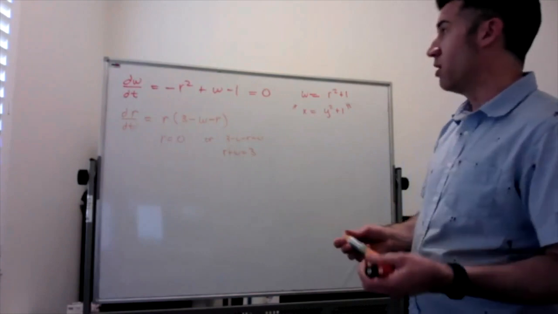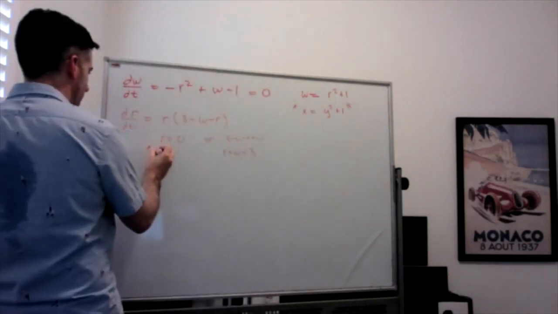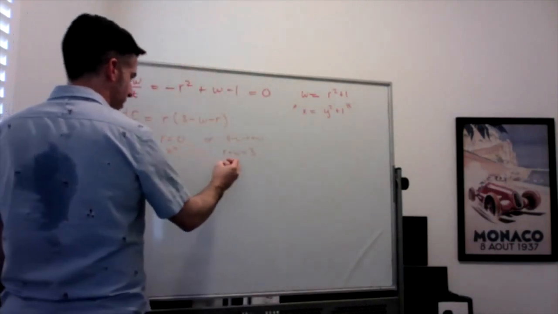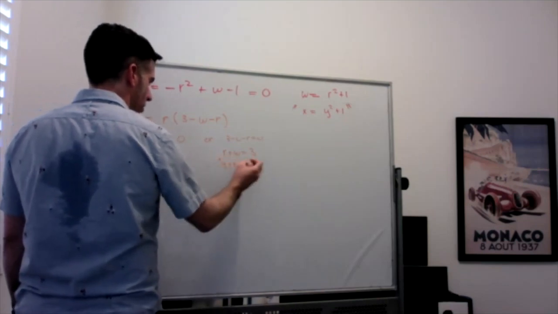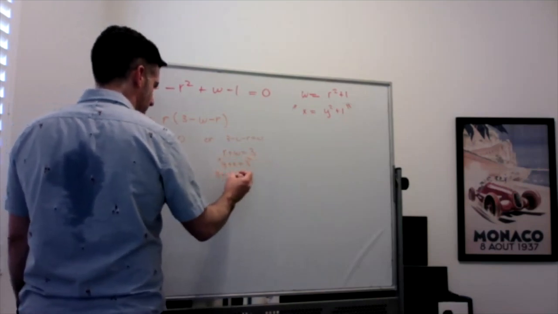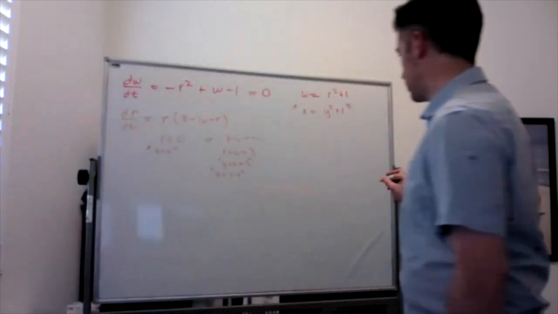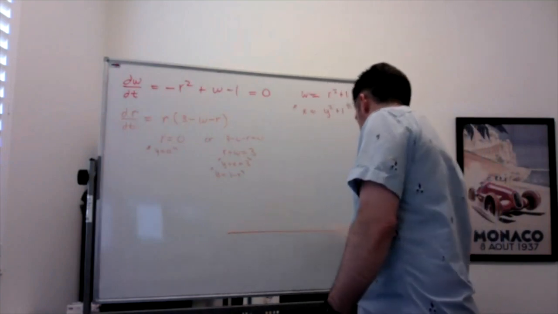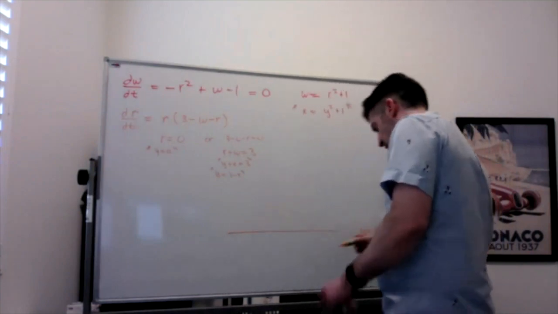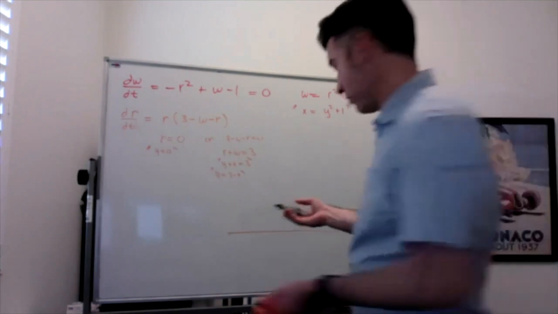So let's see. Again, r is my y, w is my x. So this is like y equal to 0. This is like y plus x equals 3, or y equals 3 minus x. Okay. So y equal to 0 is the horizontal axis. And then my vertical axis is not a nullcline for once.